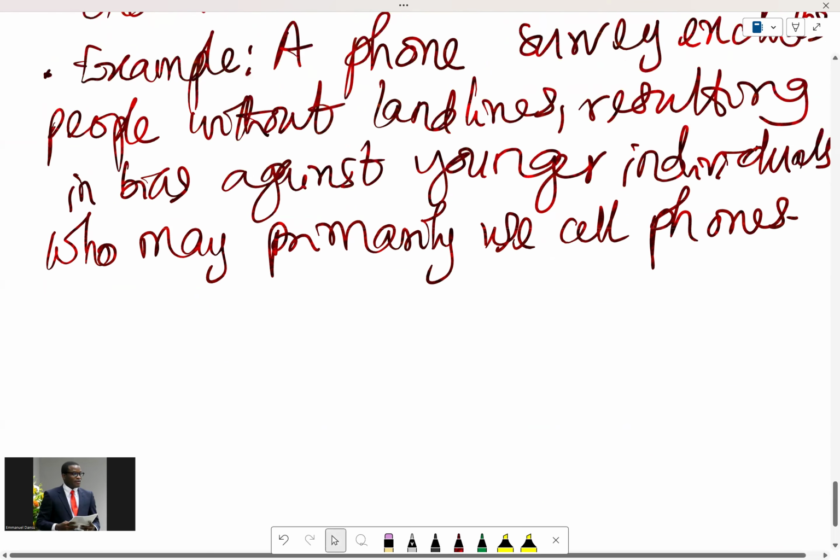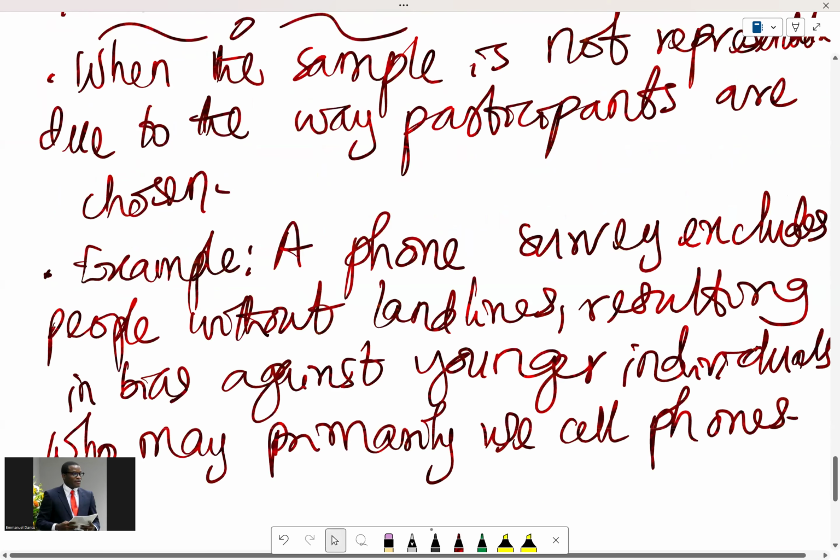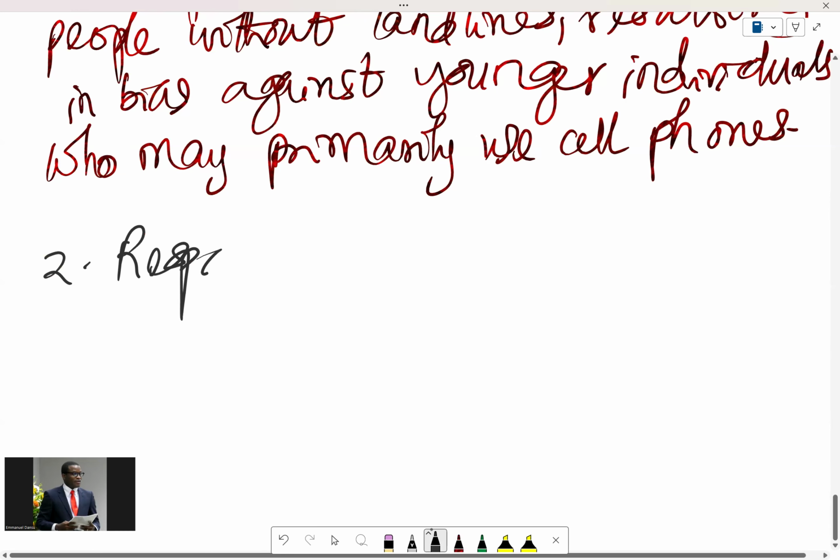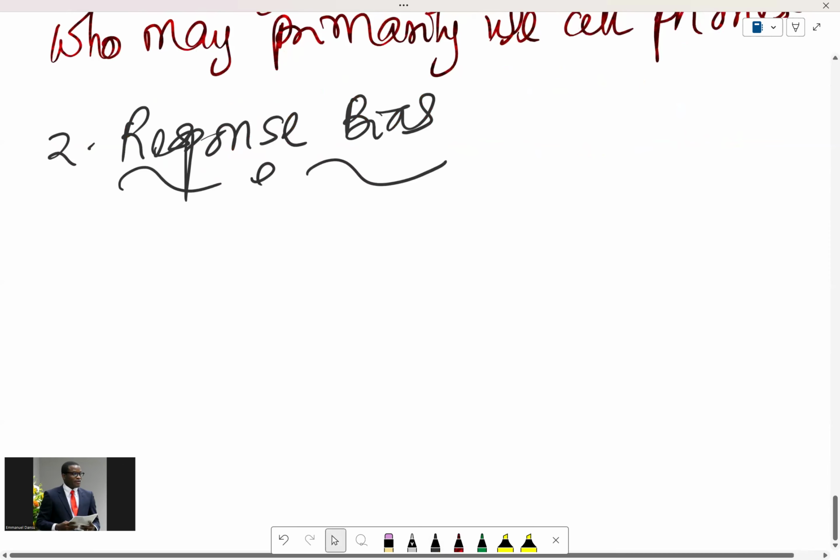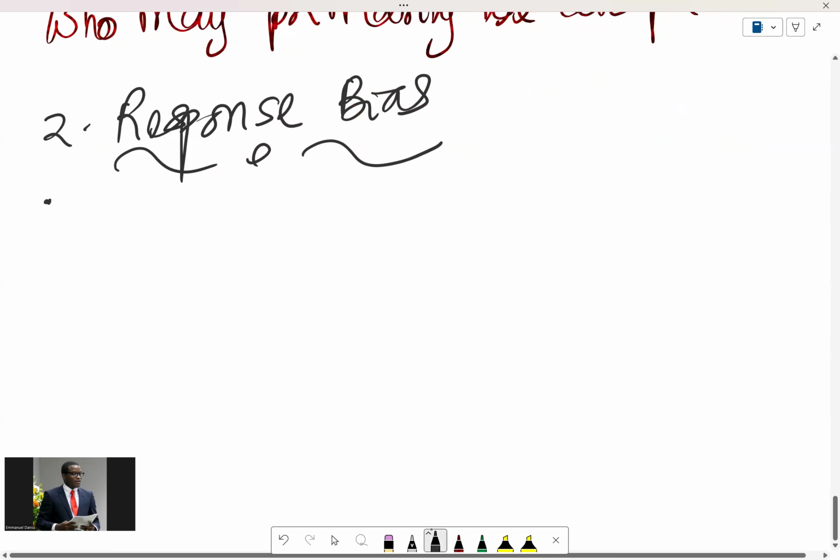Another kind of bias would be response bias. The bias can come from the place of selection, like the first one, but it can also come from the place of response, on the part of whoever is answering your questionnaire or responding to your survey.